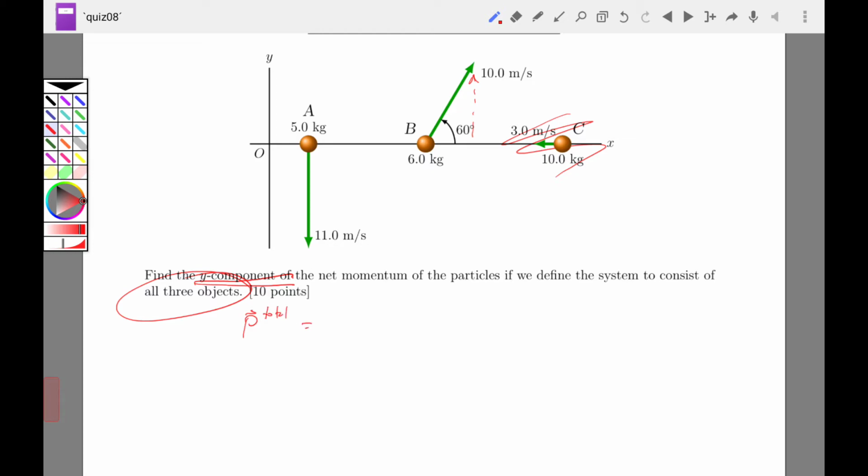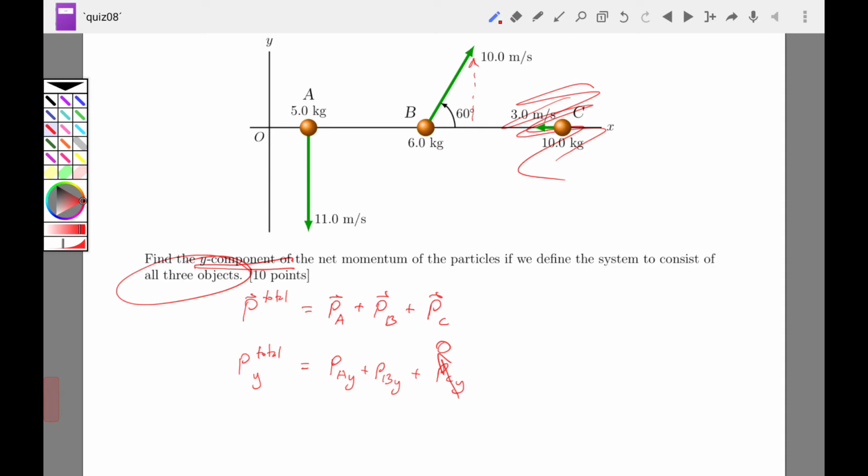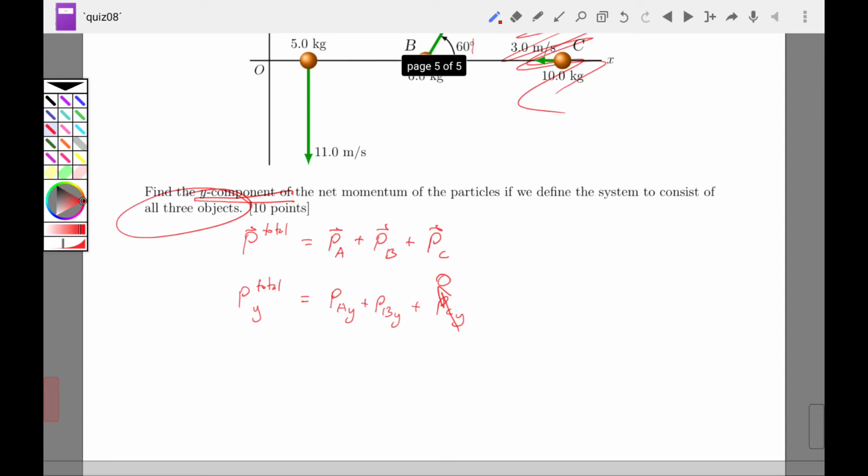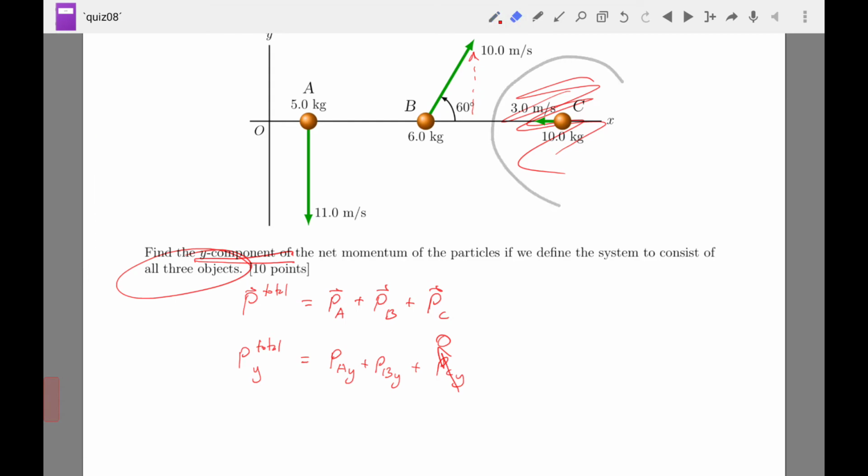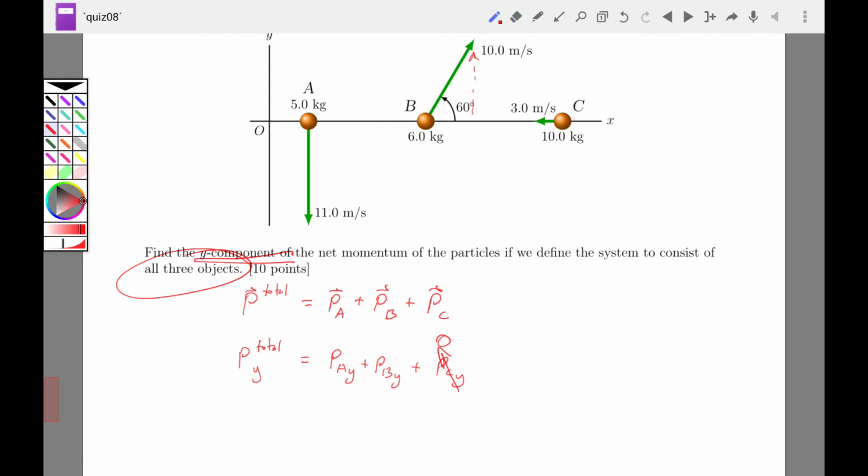The total momentum will be the momentum of A plus the momentum of B plus the momentum of C, but the y component of that is only PAY plus PBY because the y component of C is 0. No y component of momentum.